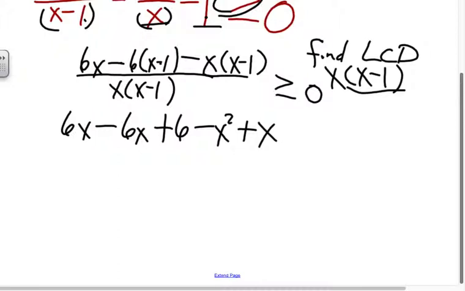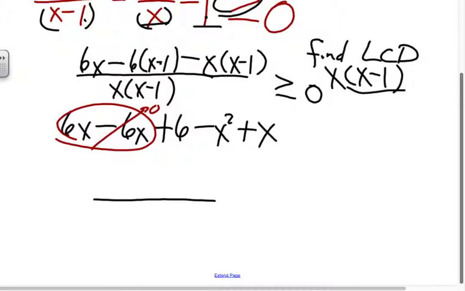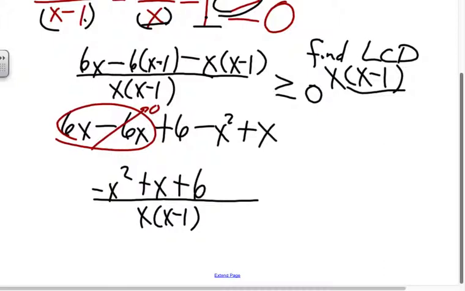I notice 6x minus 6x becomes 0. So now I rewrite this thing. It's going to be over x times x minus 1, and you're still going to want to leave this in factored form. I'm going to have a negative x squared plus x plus 6. It has to be greater than or equal to 0.